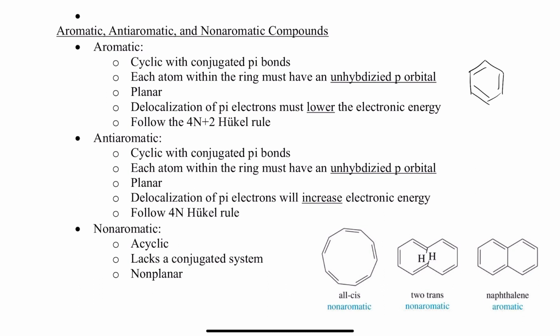And if we count our pi electrons, we have 2 in this double bond, 2 over here, 2 over here. So we have 2, 4, 6 pi electrons. Using the 4n plus 2 rule, again, n is any integer. I'm going to start off with 1. 4n, which will be 1 in this example, plus 2, is going to give me 6. This follows the 4n plus 2, so I know that this is going to be an aromatic compound.